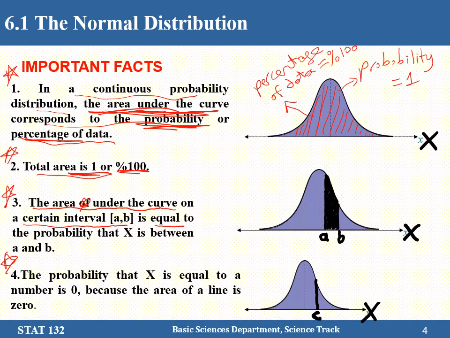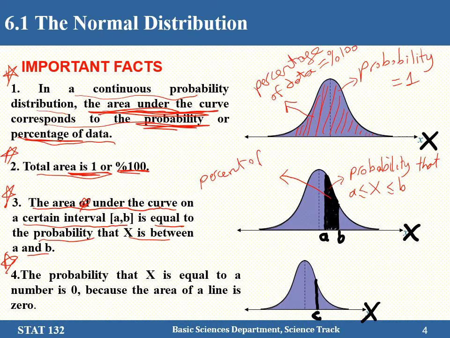The second important thing is that the area under the curve on a certain interval a b is equal to the probability that x is between a and b. This area corresponds to the probability that x is between a and b, or you can say the same thing as the percentage of x values or data that are between a and b.